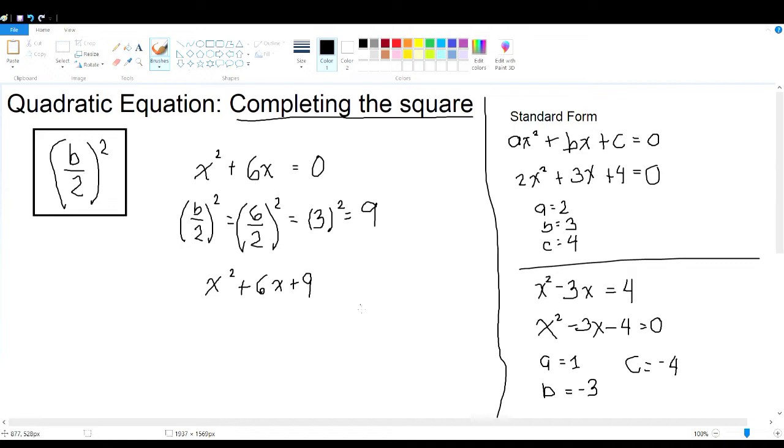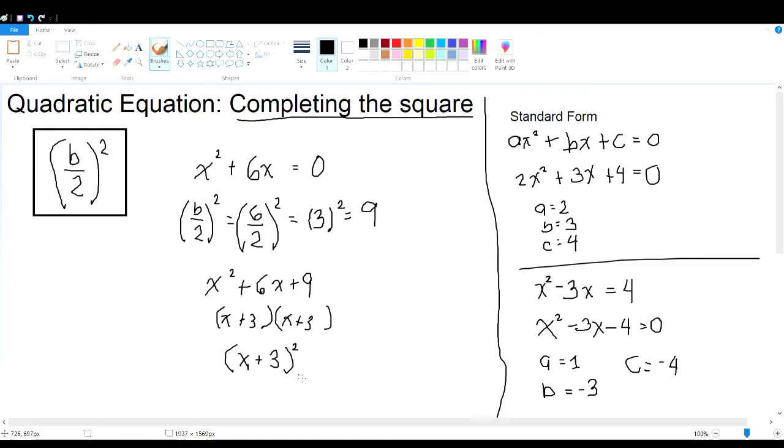Ganyan yung gagawin mo kapag completing the square. Itong equation na to is what you call a perfect square factor. Which means, pag i-factor mo siya, parehas yung gagamitin mo. That's x plus 3, x plus 3. Or in short, you have (x plus 3) squared. Kasi dalawa siya.